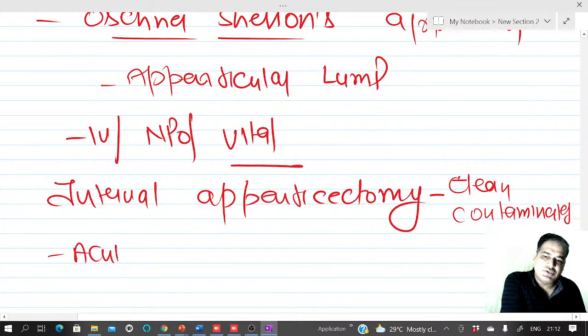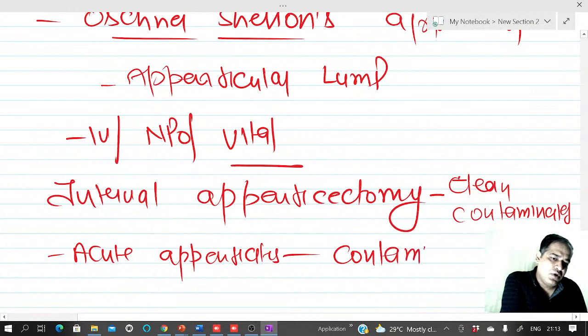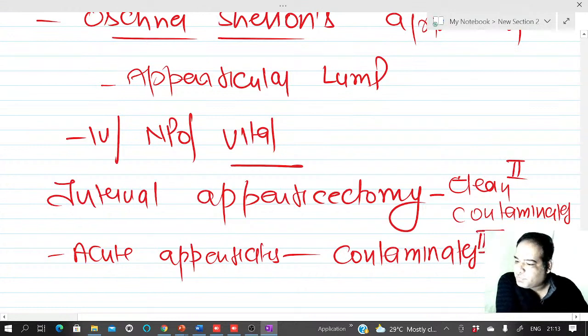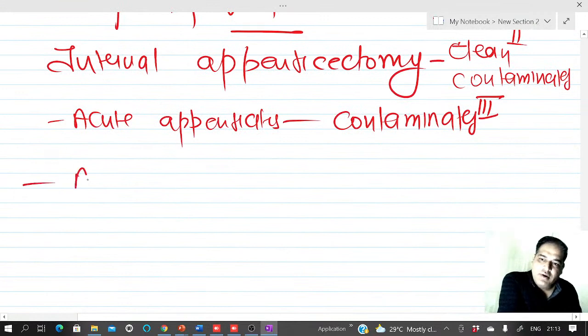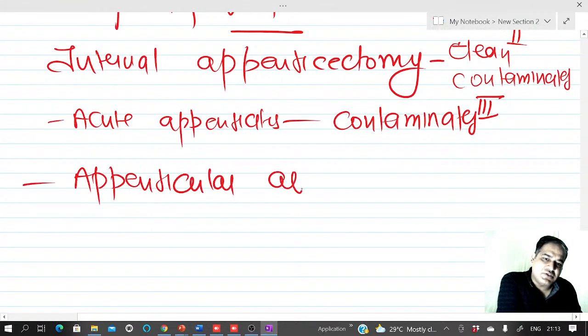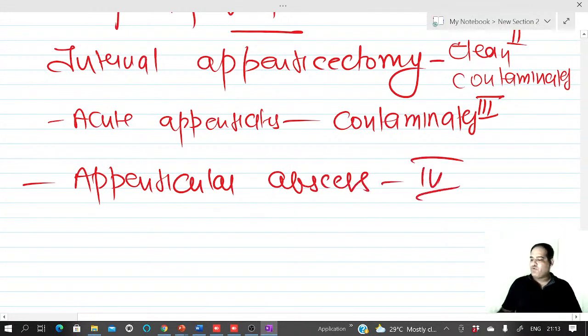Whereas if you do surgery after acute appendicitis, it will give rise to a contaminated wound. This is type 3. If you do surgery on a patient who develops an appendicular abscess, it will be a type 4 wound, that is a dirty infected wound.